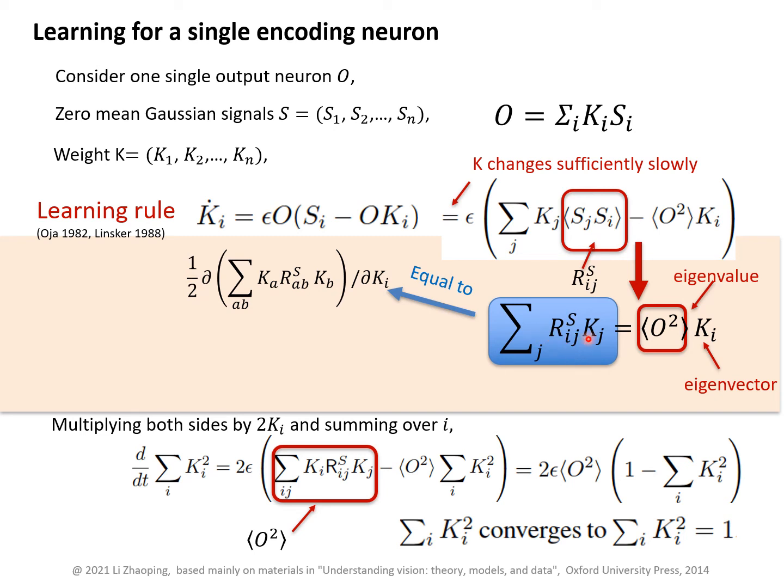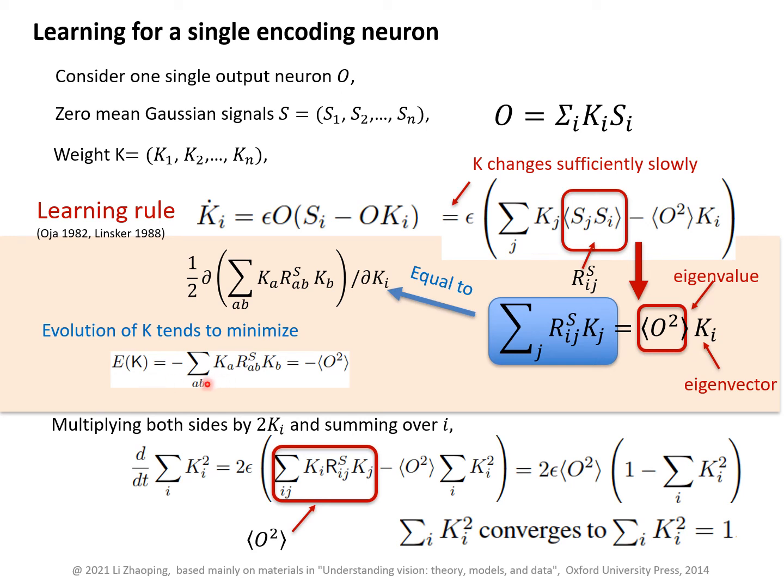Now, notice that this is actually the first term in the learning rule, and since it is part of doing this derivative, that means this learning rule is trying to do a gradient descent of the negative of this term. Therefore, it is trying to minimize the negative of this, like it's trying to minimize this objective function.